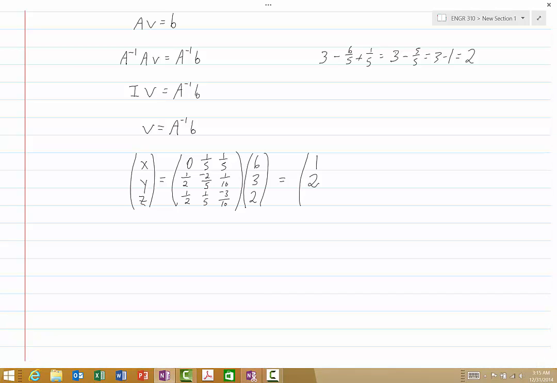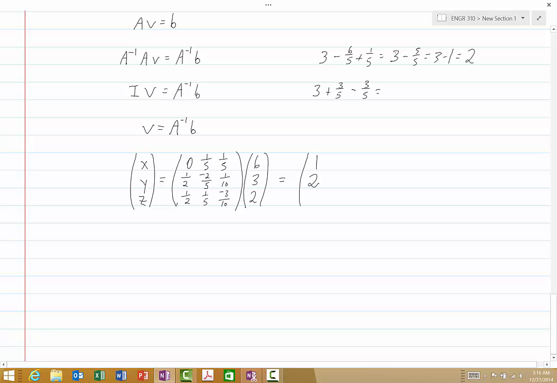And then for the multiplication of this last row times this column vector, we get 1/2 times 6. Might as well go ahead and use our scratch space again. So 1/2 times 6 will be 3. Plus 1/5 times 3, that's plus 3/5. And then finally, minus 3/10 times 2, which is the same thing as minus 6/10 or minus 3/5.